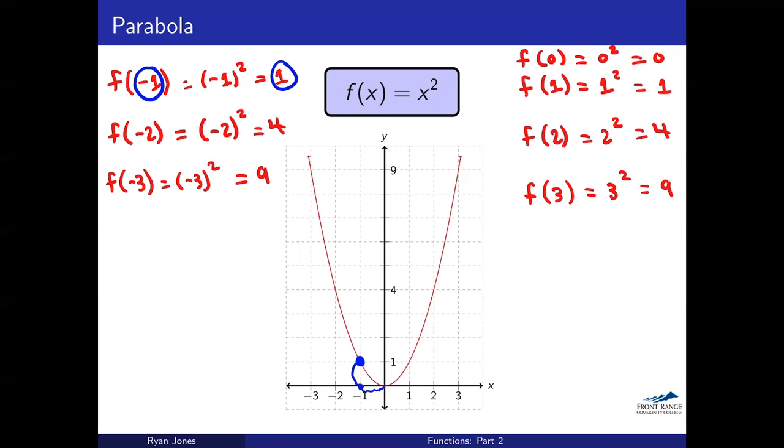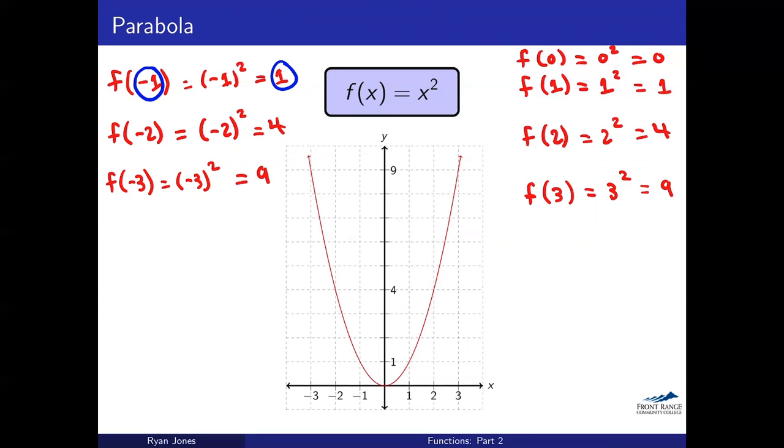And then we've got all these other points that I've listed here: 2, 4, 3, 9, negative 2, 4, negative 3, 9, 0, 0. So we've got all of those points right there. And if you connect them in the appropriate way, if you were to keep plugging in x's and keep getting out y's, it would look like this red graph right here. So this is the parabola.